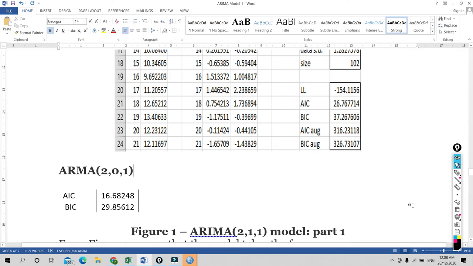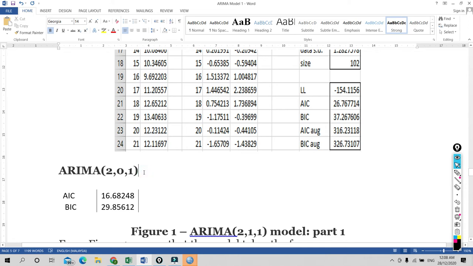So my AIC here is 16.68 and BIC is 29.85612. So ARIMA 201 means ARMA 21.